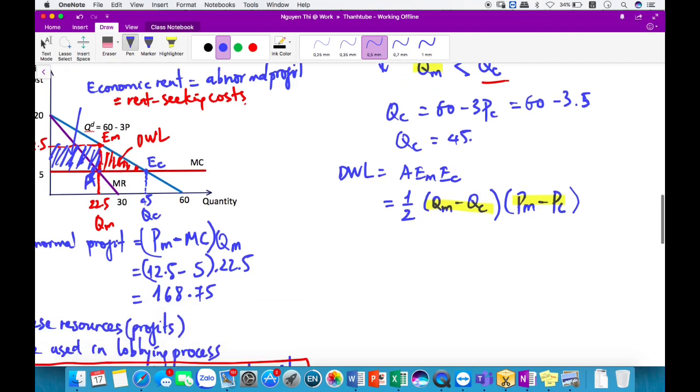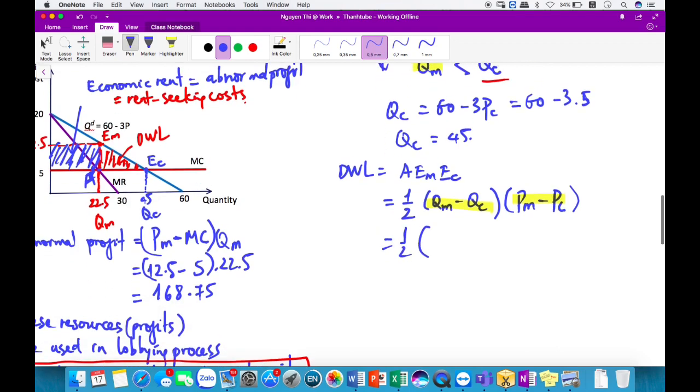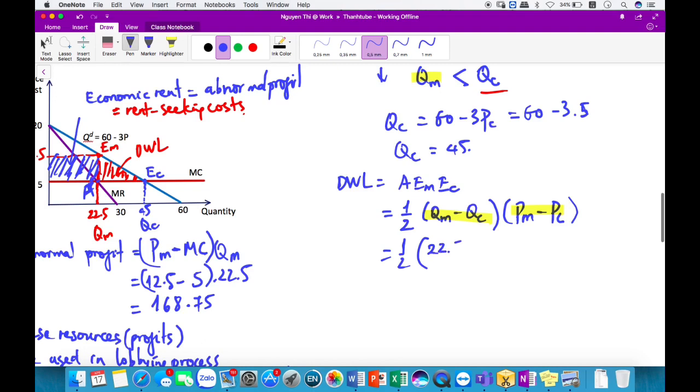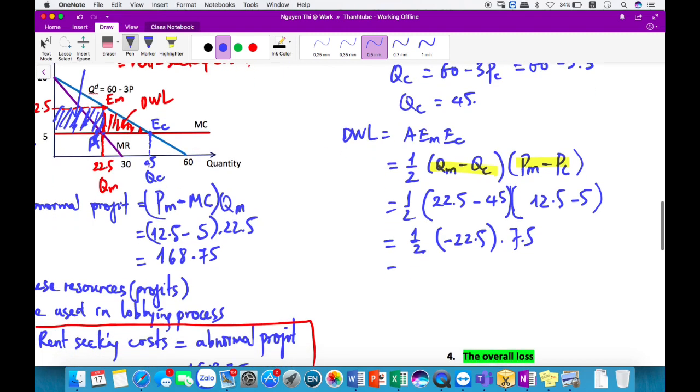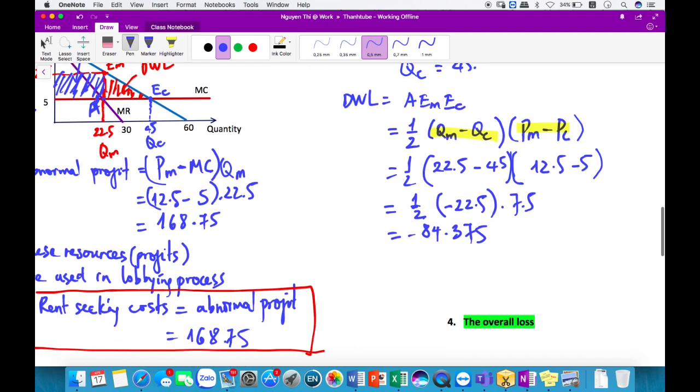So it's equal to 1/2 times (22.5 minus 45) times (12.5 minus 5), or equal to 1/2 times minus 22.5 times 7.5, equal to minus 84.375. So this is the deadweight loss from the monopoly position.